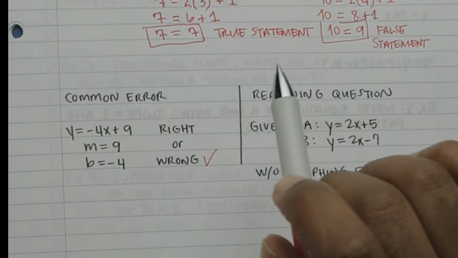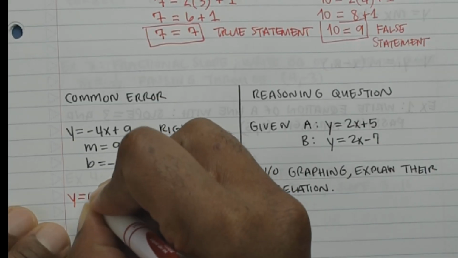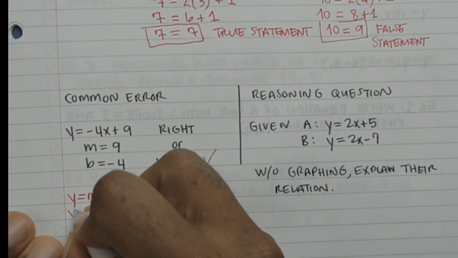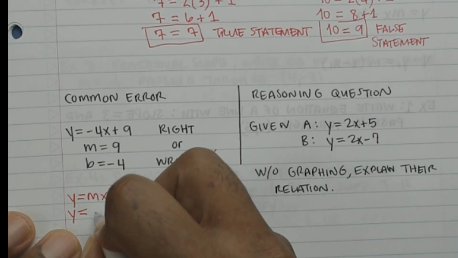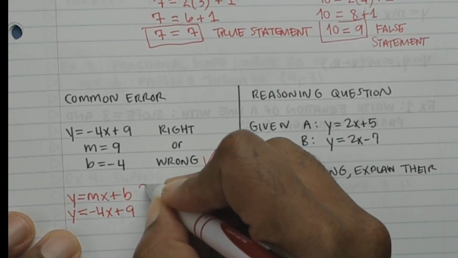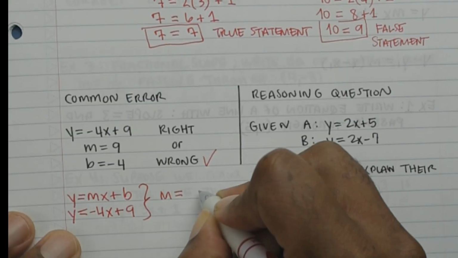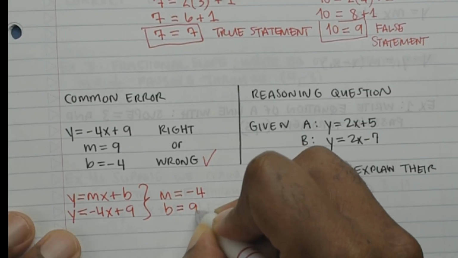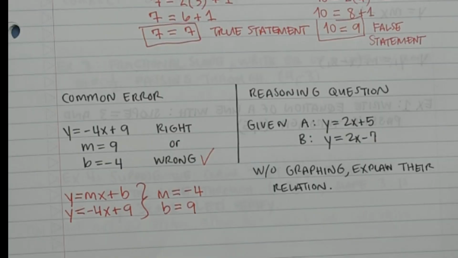The order is y equals mx plus b. So the slope would be negative 4 and b would be positive 9. That is the correct way to compute that.